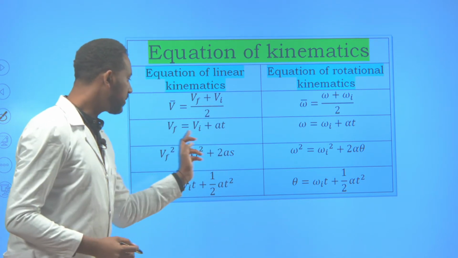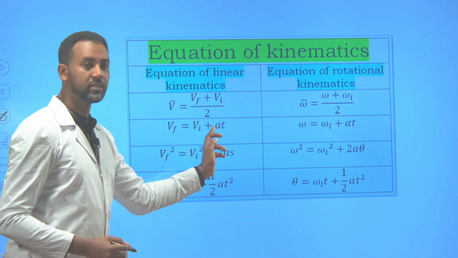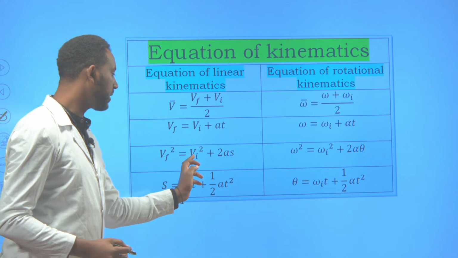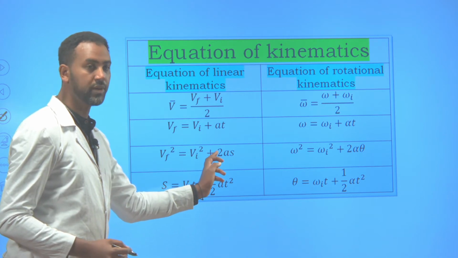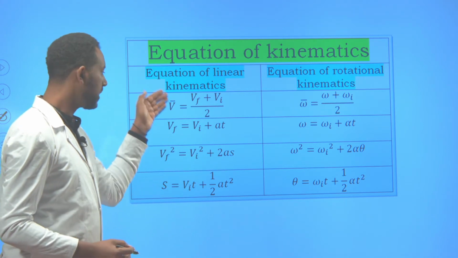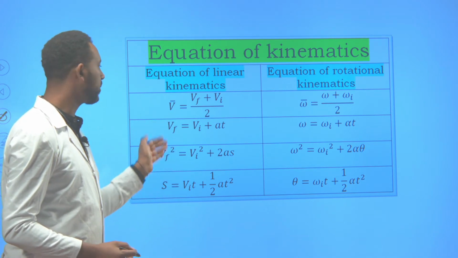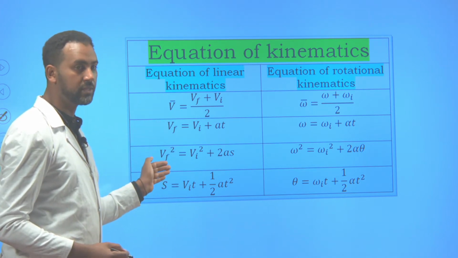The final velocity is equal to the initial velocity plus acceleration times t. The final velocity squared is equal to the initial velocity squared plus twice the acceleration times displacement. I hope you remember all those equations, the big 4 equations in linear kinematics.